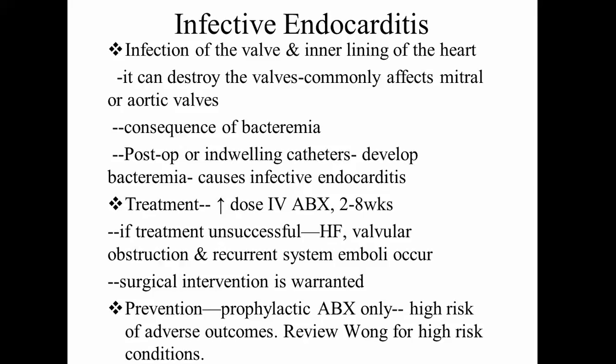If they do have infective endocarditis, they'll get a high dose of IV antibiotics for 2 to 8 weeks to make sure that the bacteria has been eradicated. If the antibiotics are unsuccessful, then heart failure or valvular obstruction can occur, and or recurrent systemic emboli can occur. So in this case, surgical intervention is required.